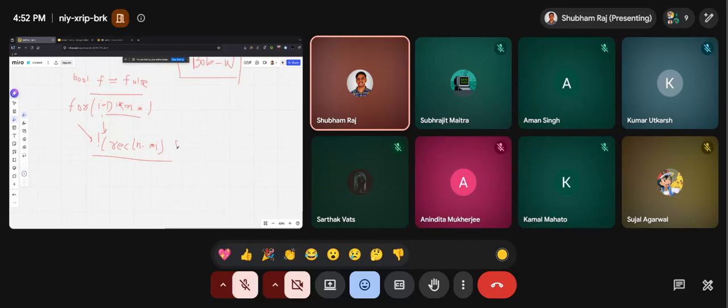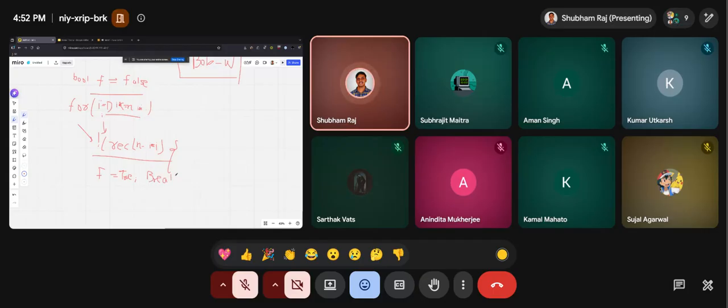And then we can easily say that we can win the game. So we'll be marking our flag variable as true, and we'll simply break the for loop.